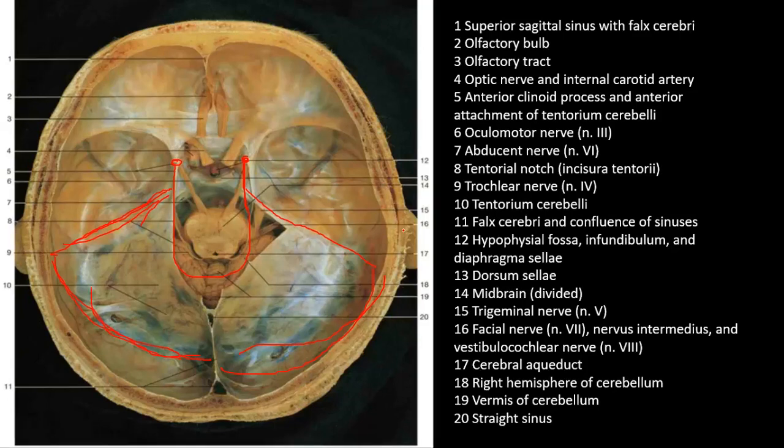Okay. Then here you have your tentorial notch, and you can see the midbrain passing through there to connect the forebrain and the hindbrain. Also, the other name of the tentorial notch is the incisura tentorii. Incisura tentorii. Please remember that. That is the other name.